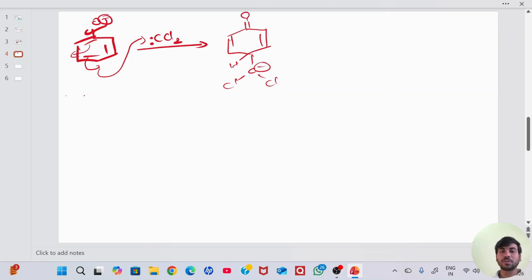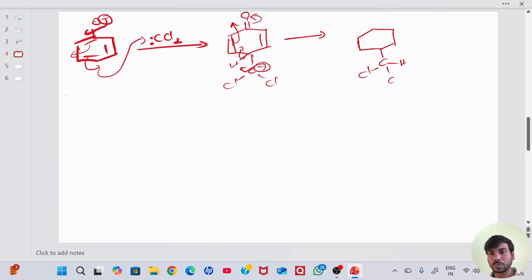Okay, this is the double bonded one, and this bond shifts back. Okay, and this proton is abstracted, and you will see CHCl2, and it's a simple phenoxide center.